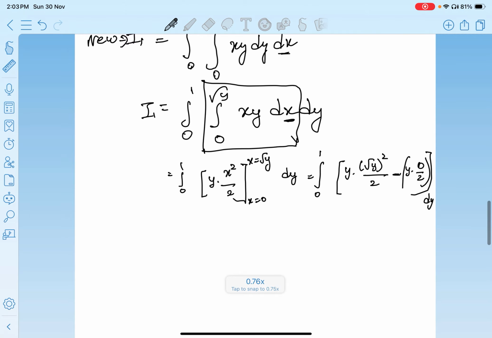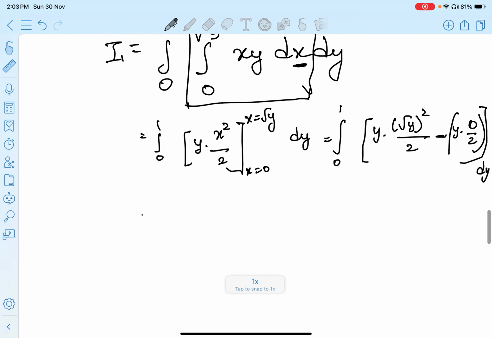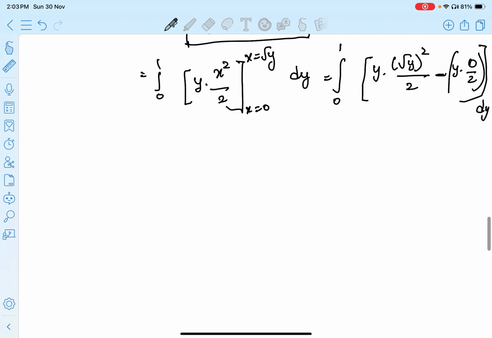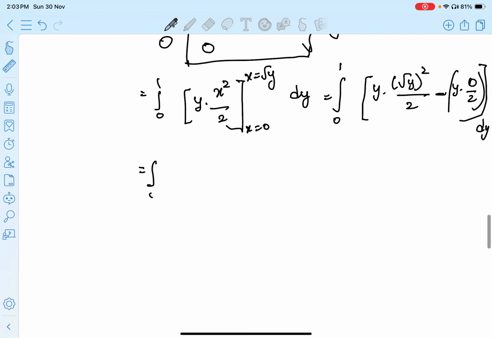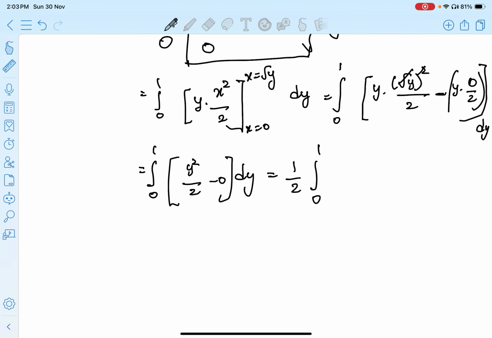That equals integral 0 to 1 of y square by 2 minus 0 dy. We can take the 1 by 2 outside, so integral 0 to 1 y square dy.